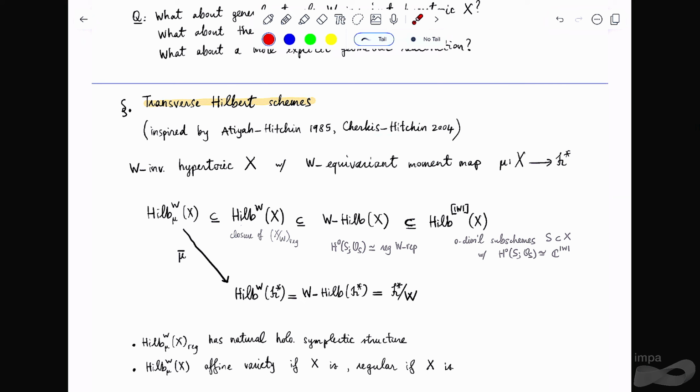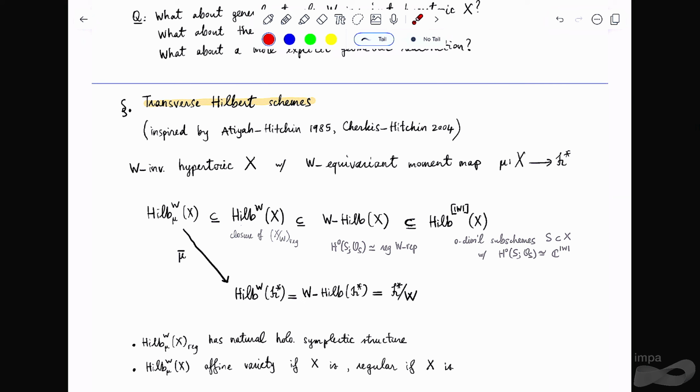This uses these theories of transverse Hilbert schemes, and this is our version of the story. So we have our W-invariant hypertoric variety X with this W-equivariant moment map down to the dual of the Lie algebra of the torus.